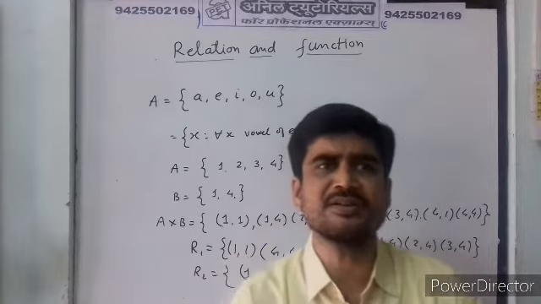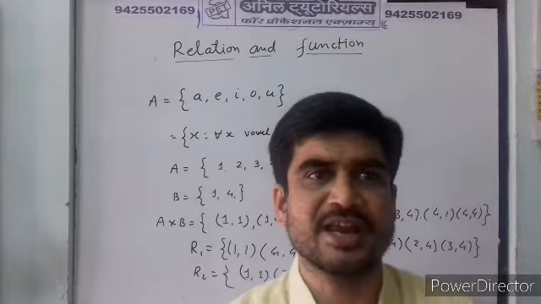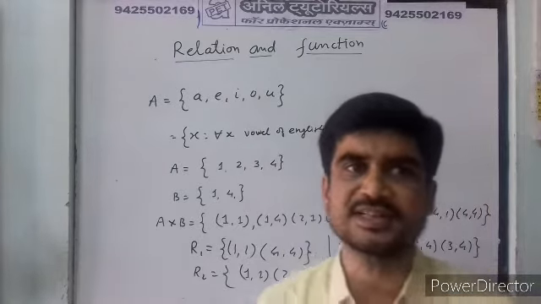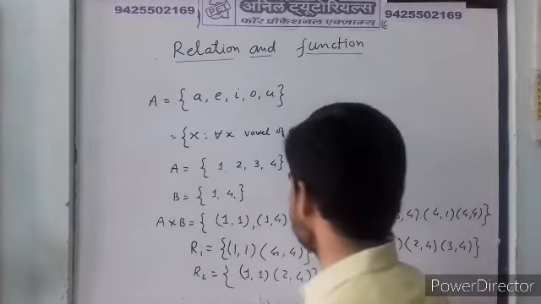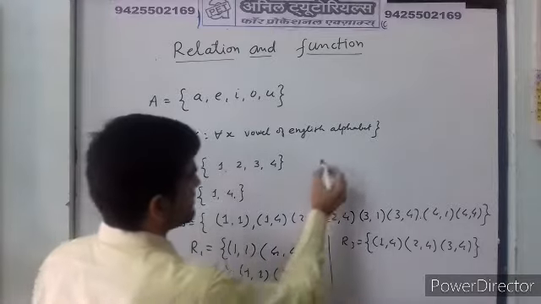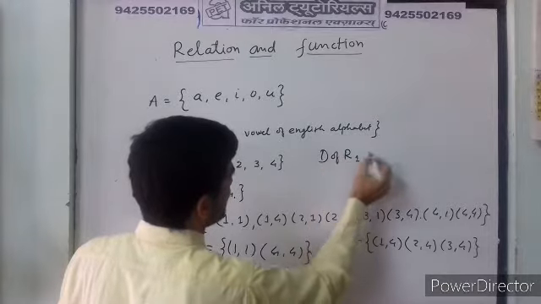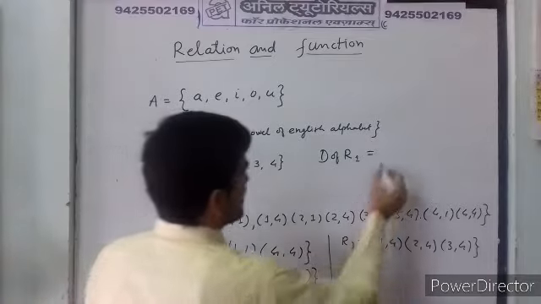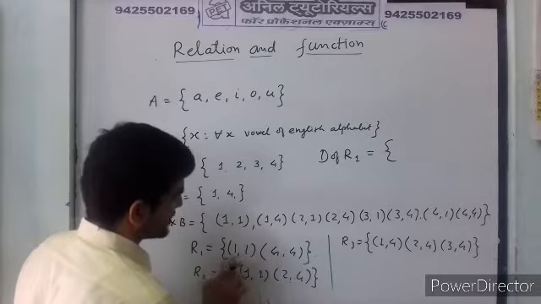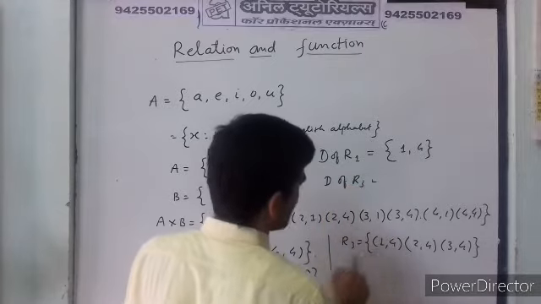The set of all the first elements of the ordered pairs in a relation R from a set A to set B is called the domain of the relation R. So here, in this relation R1, the domain of R1 we can write: the set of the first elements which took part in the relation, {1, 4}. The domain of R3 is {1, 2, 3}.